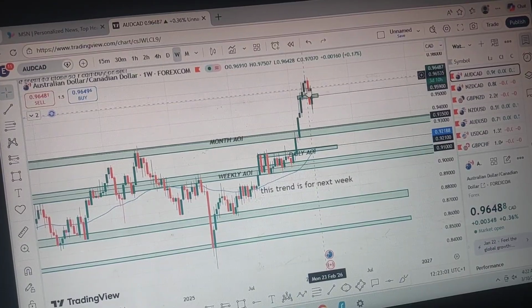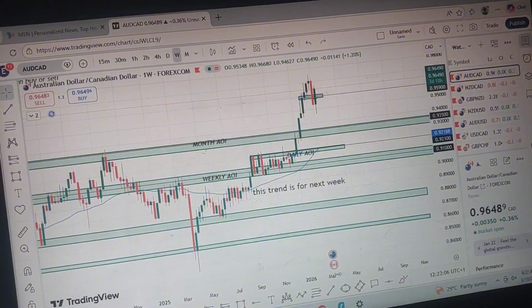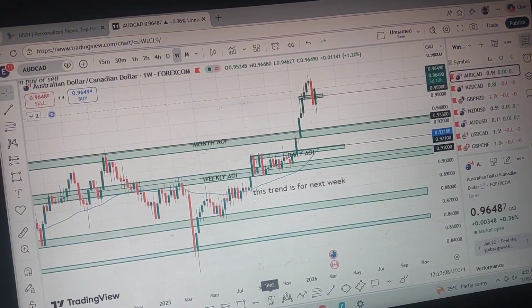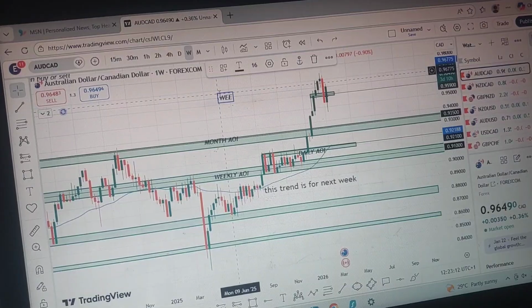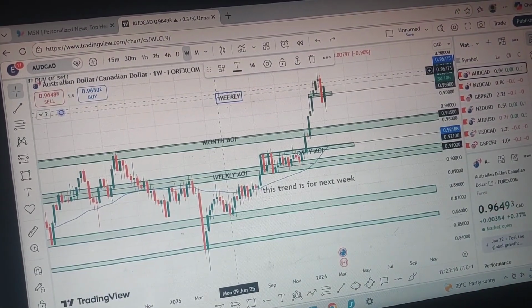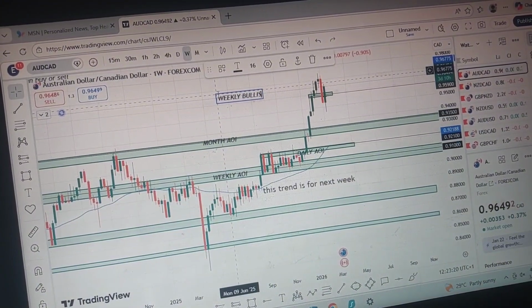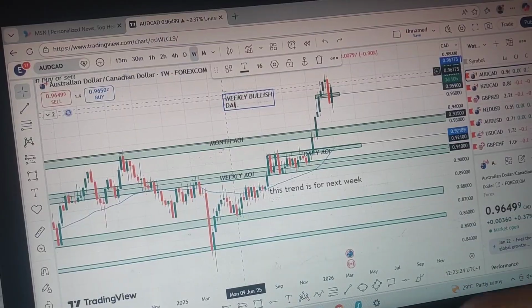Can you see? Write it down: weekly bullish.